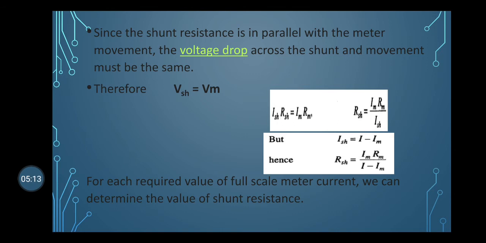By using this resistance, we can lower the amount of current which will flow through the meter movement. And for each required value of full scale meter current, we can determine the value of shunt resistance.